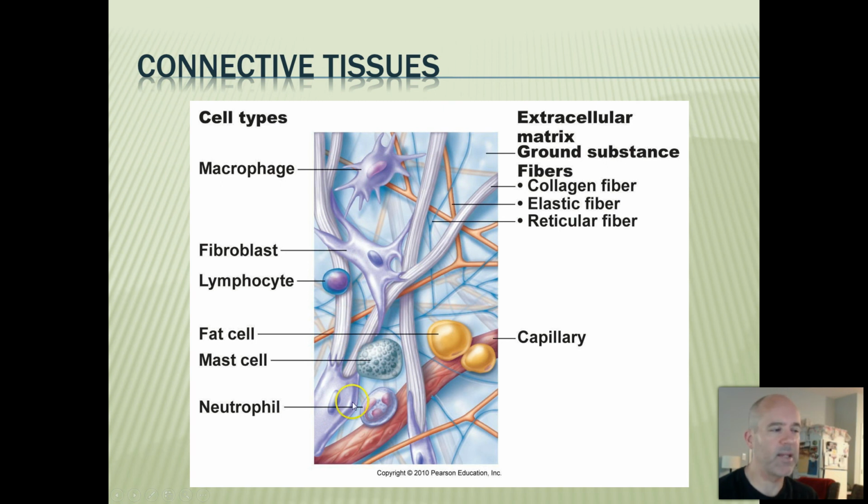And then your lymphocytes here, neutrophil, mast cells. Mast cells help stimulate inflammation, like if you have an injury or a burn or an infection going on, and your neutrophils and your lymphocytes, along with your macrophages, are involved with helping to fight infections. They're part of your immune system that you'll learn more about when you get to Biology 202, and also in microbiology if you haven't had that class yet.